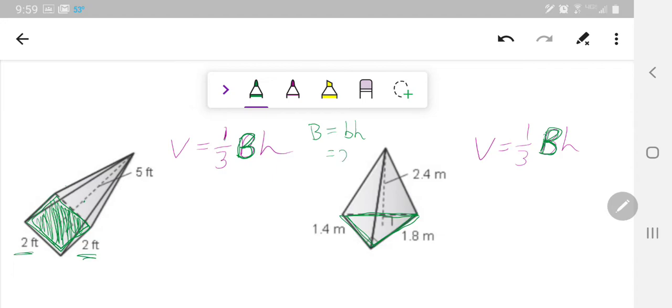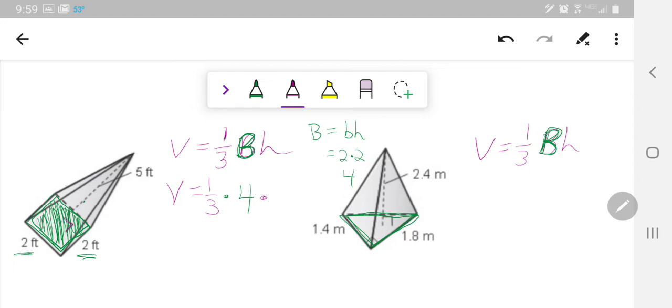All right, so we get 4. Then the volume equals 1/3. I'm going to change over to green because I want to make that point. The answer to my area of the base was 4. And then what's the height? The H in this formula represents the height of the whole pyramid.